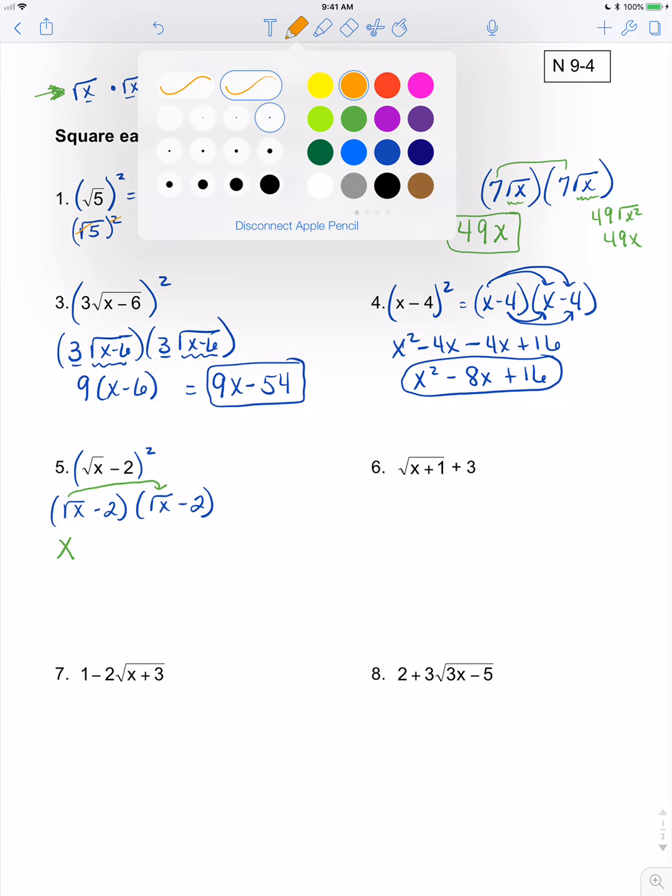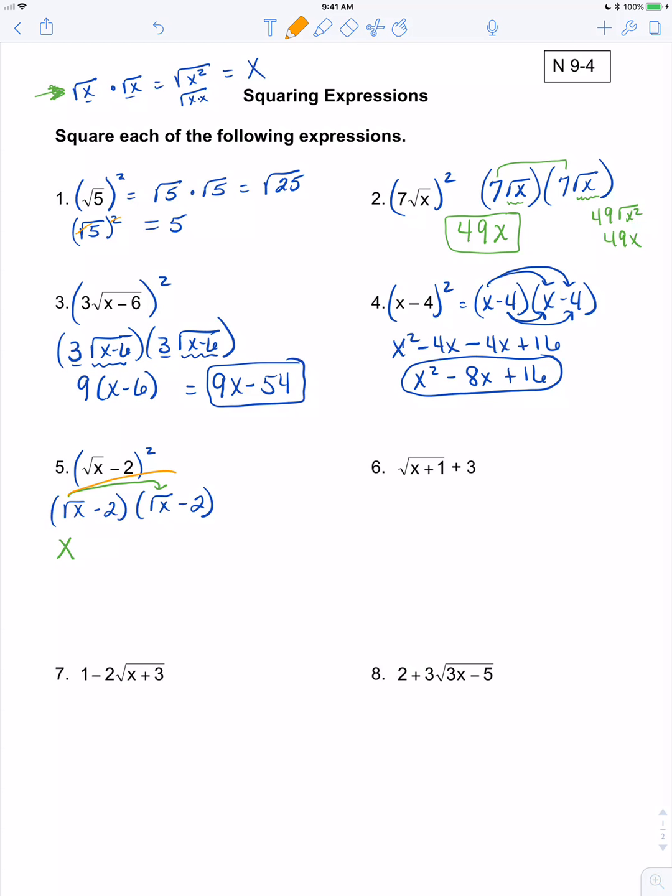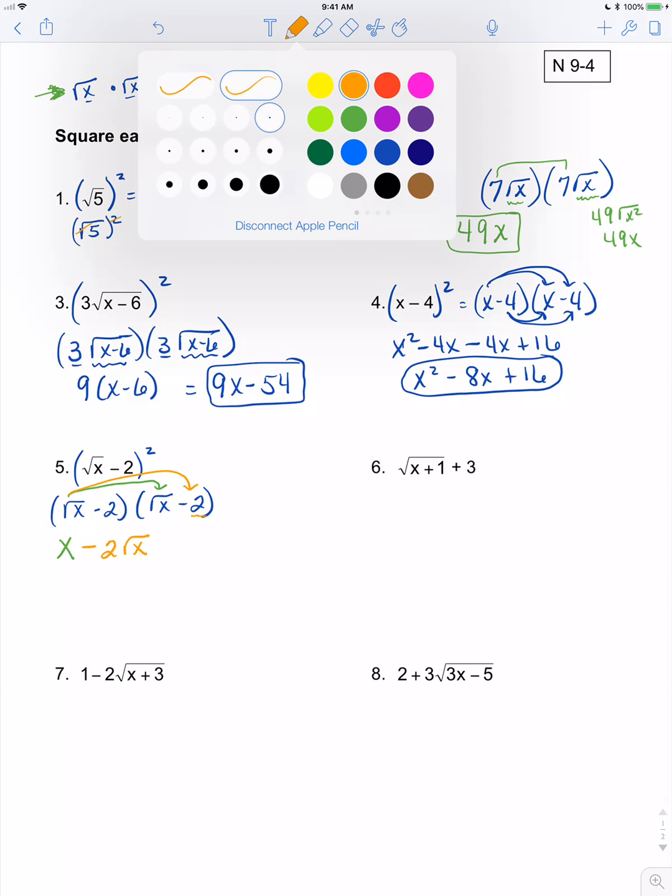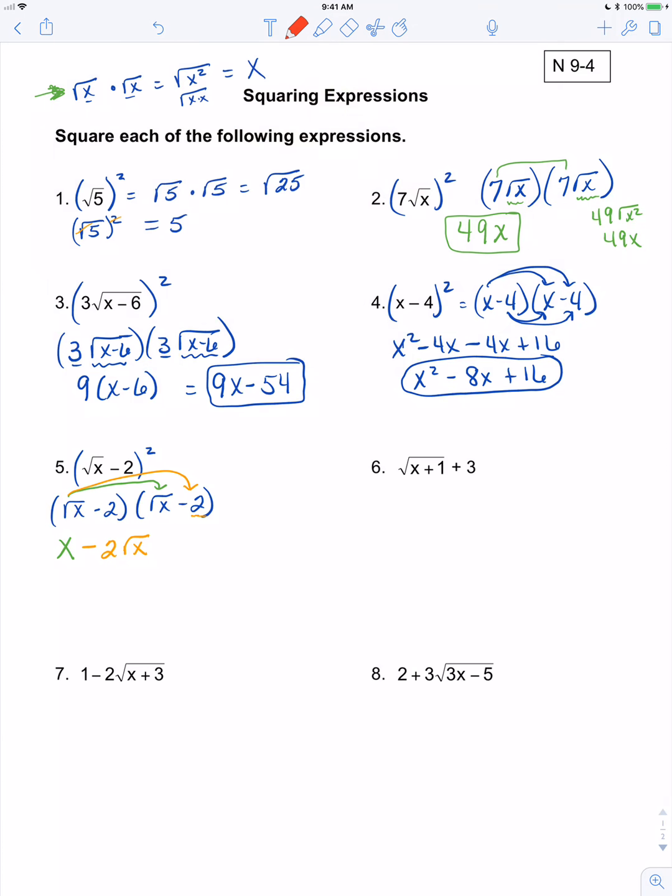Then our next term, square root of x times this negative 2. The negative 2 is a whole number, so it's on the outside of your radical sign. So it's negative 2 square roots of x. You can't put something under the radical that doesn't start in the radical.